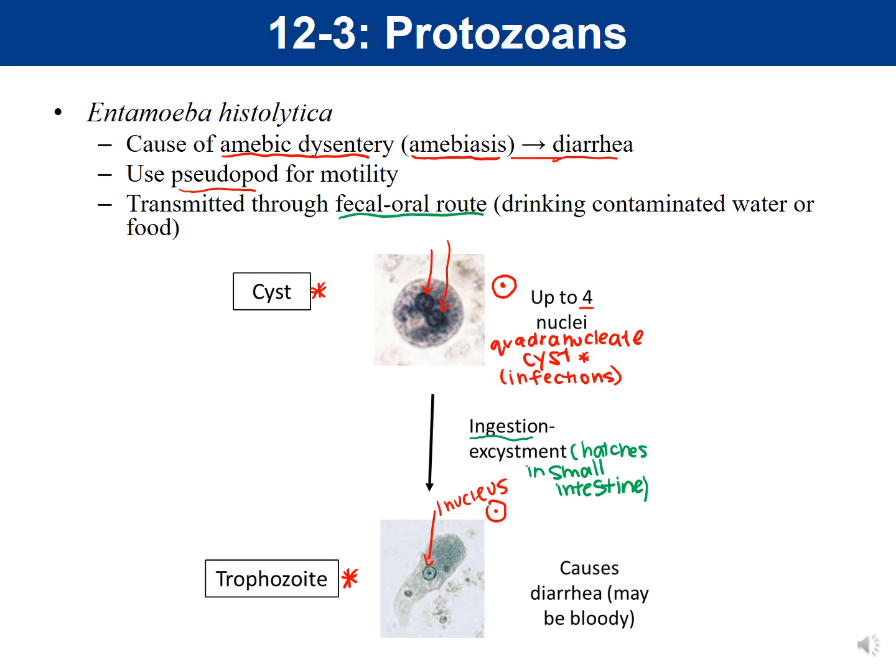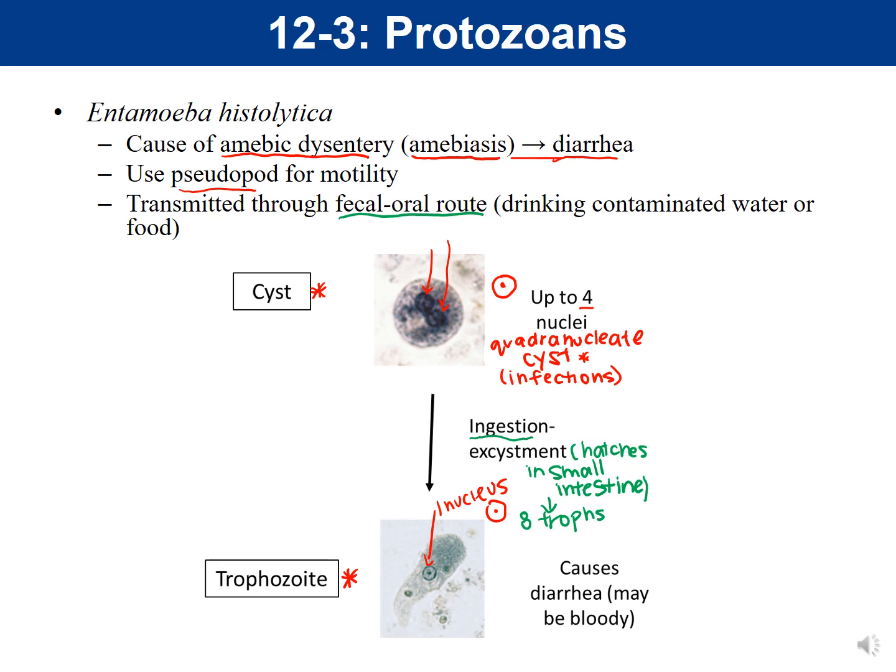And so the cyst is going to pass from the stomach into the small intestine, where it's going to undergo excystment. Now, the intestine is less acidic, right? The pH becomes neutralized as the food that you ingest moves from your stomach to your intestine. And what's going to happen is when it undergoes excystment, it's going to go through mitosis. So it's going to divide, and it's going to give rise to 8 trophs.